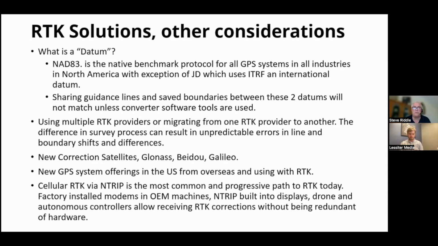They're again just adding to the number of satellites for correction data to hone in on better accuracy of just a basic GPS signal. And then there's Beidou and Galileo, which are recently new. Beidou being Chinese correction satellites, and Galileo is out of some of the European network area.